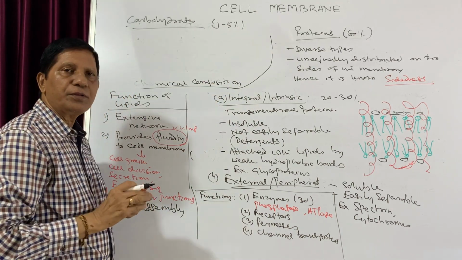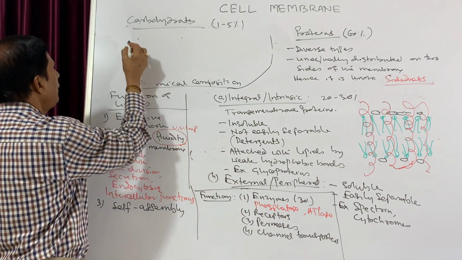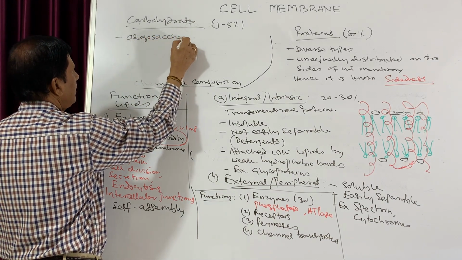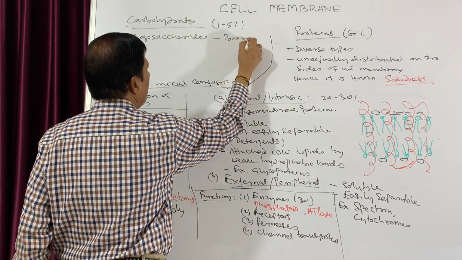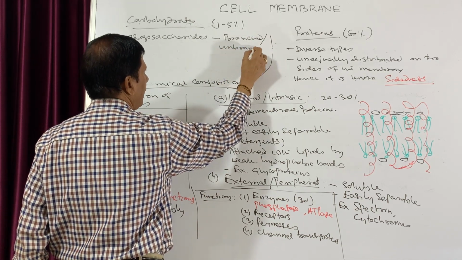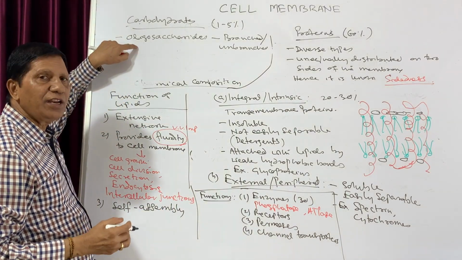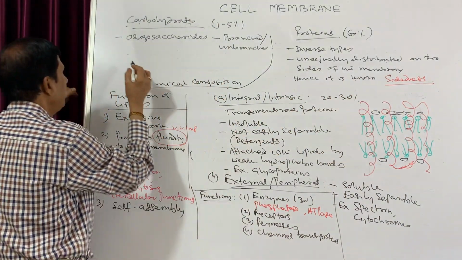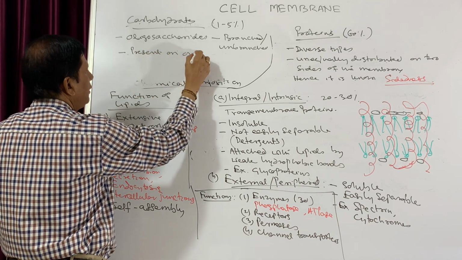And the carbohydrates which are present in the cell membrane are mostly oligosaccharides, which may be branched or unbranched. Now these oligosaccharides are present only on the outer face, not in the inner side. That is, they are present on the outer surface.